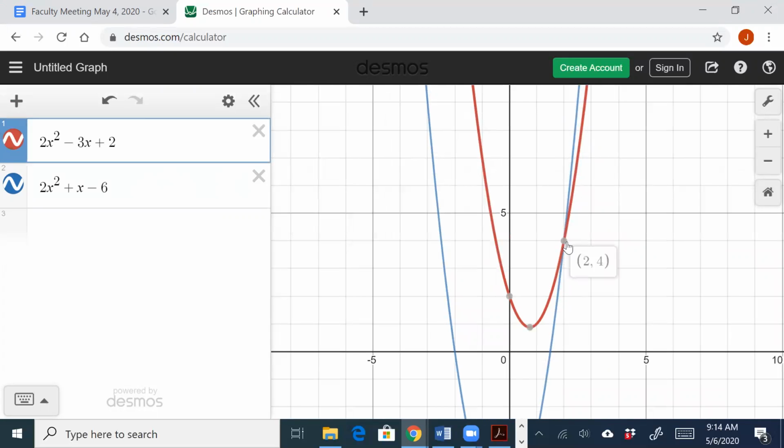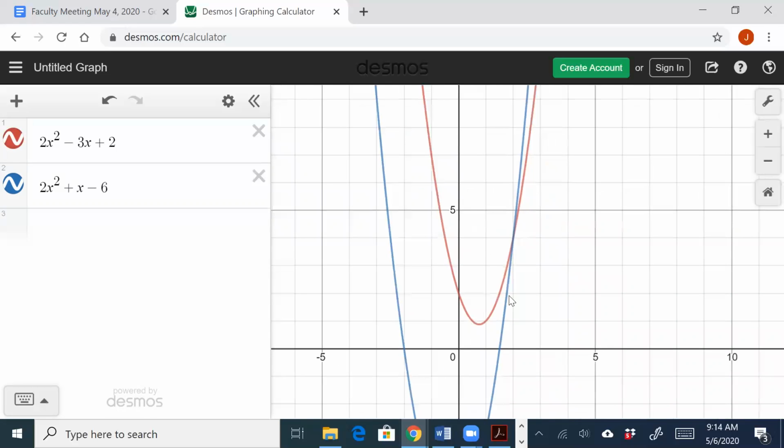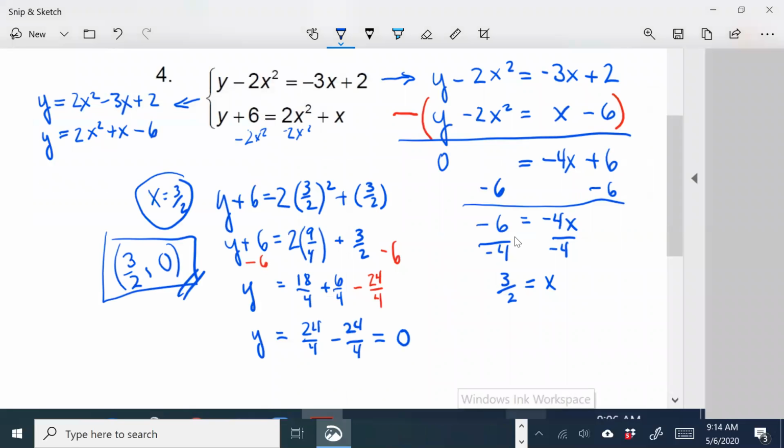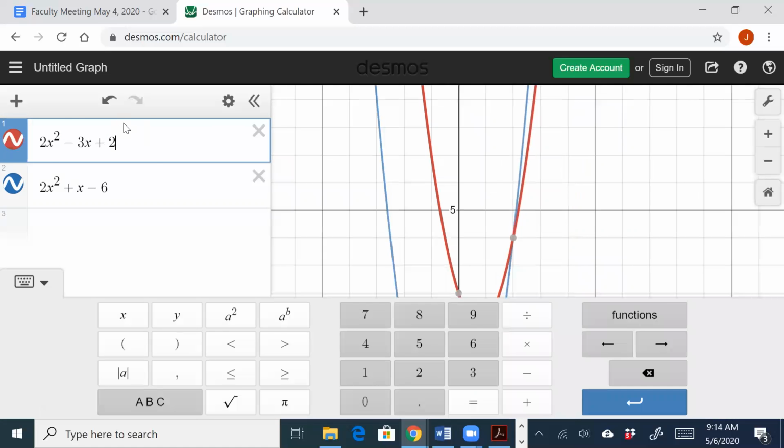And that one point is 2, 4. So let me think about this. Somewhere I made a mistake, and that's okay because we can learn from those mistakes. 2x squared minus 3x plus 2.